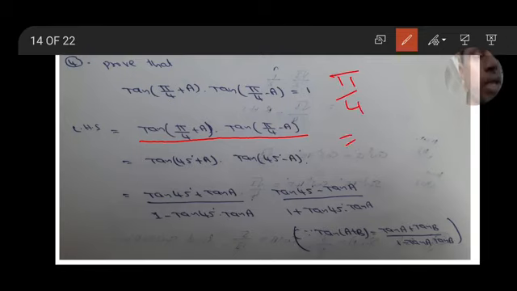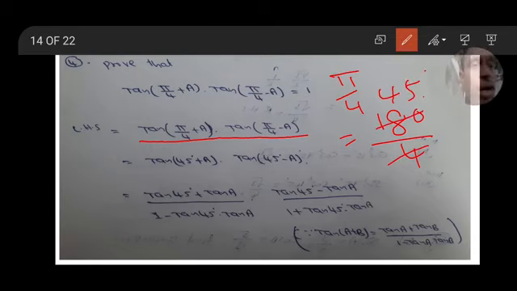Pi means it is radian. If it is converted into degrees, 180 degrees by 4. 180 by 4 means it is 45 degrees. Therefore pi by 4 means 45 degrees, that is tan 45 plus A into tan 45 minus A.